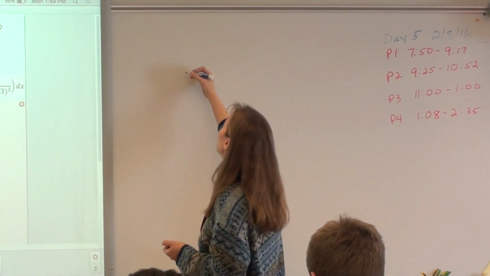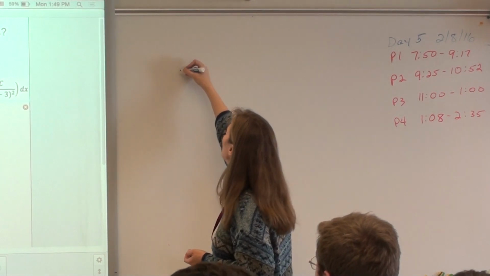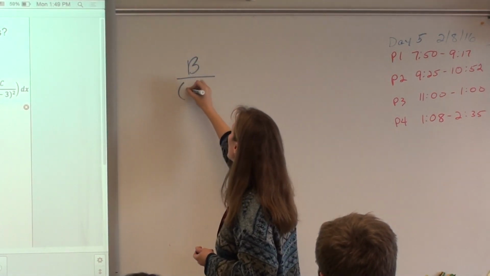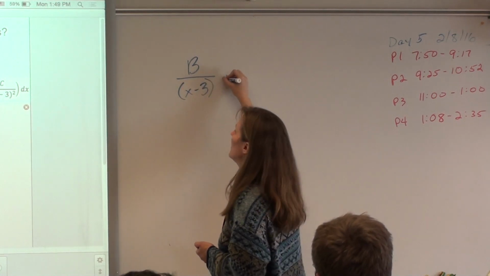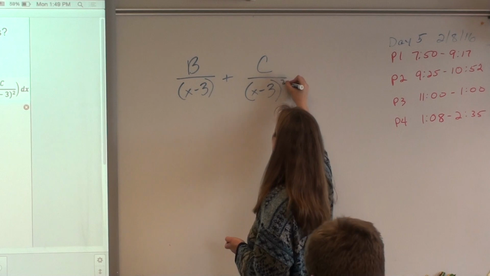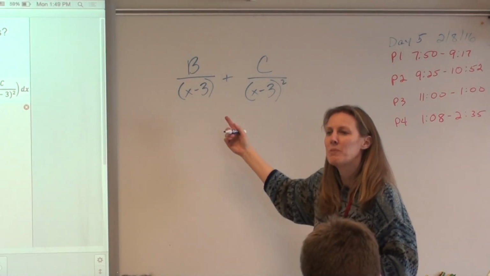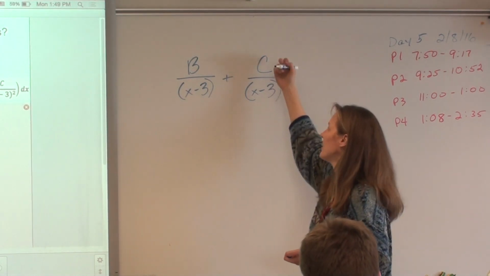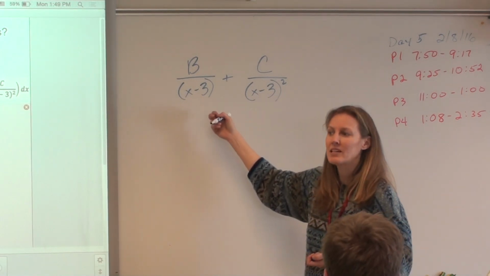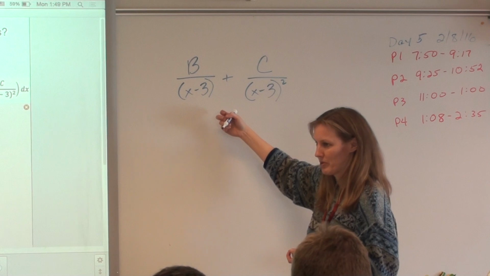Alright, good. So if we have b over x minus 3 plus c over x minus 3 squared. What bothers people is they're saying, well, you just said that you have to have a linear over any quadratic factor. This is kind of the exception, the non-exception exception.